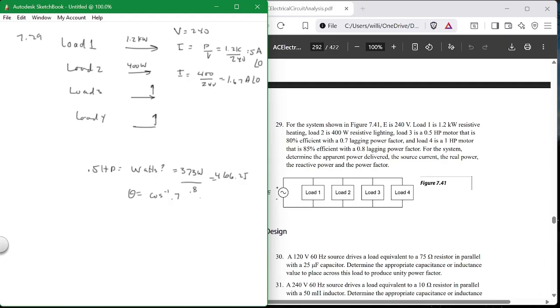What is theta? 45.57 degrees. Now, this 466.25 is along this axis. What's along the y-axis?